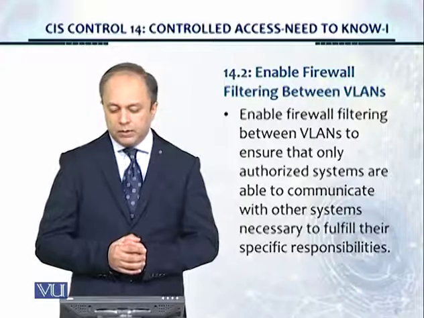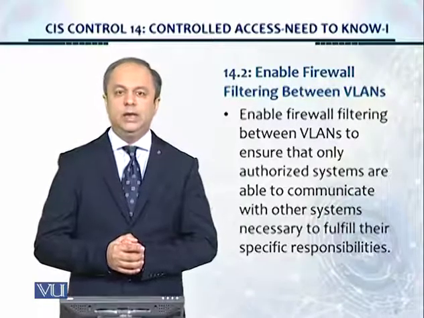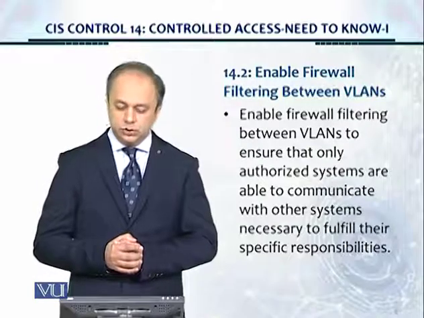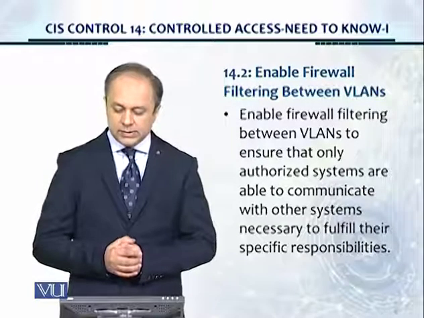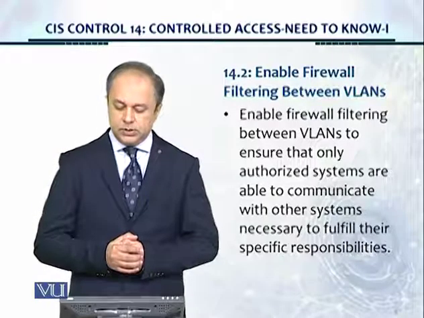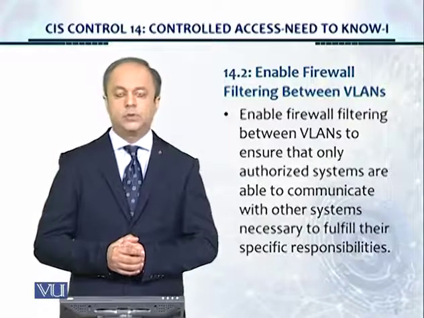14.2, enable firewall filtering between VLANs. Enable firewall filtering between VLANs to ensure that only authorized systems are able to communicate with other systems necessary to fulfill their specific responsibilities.